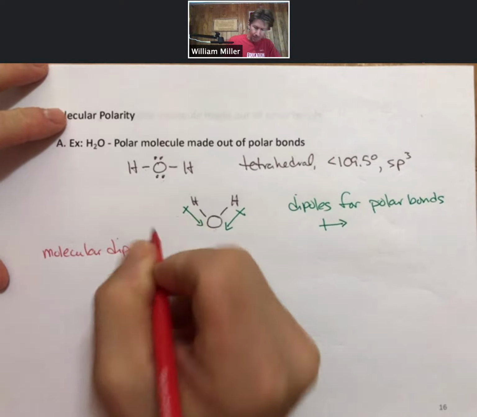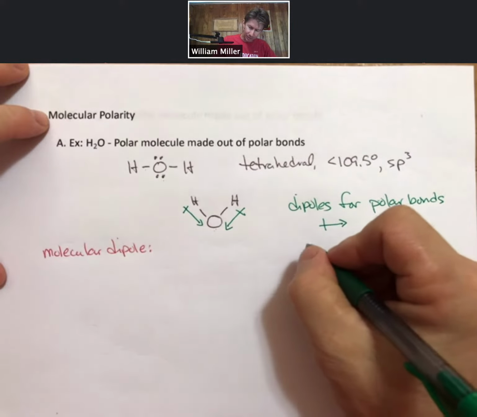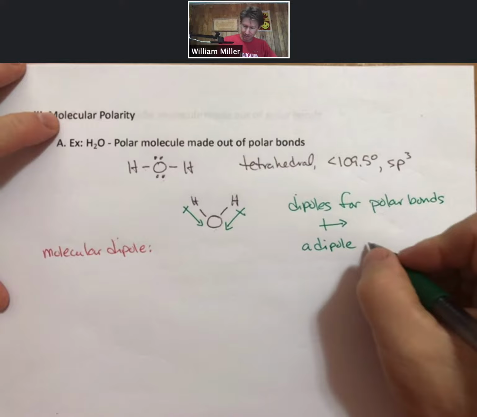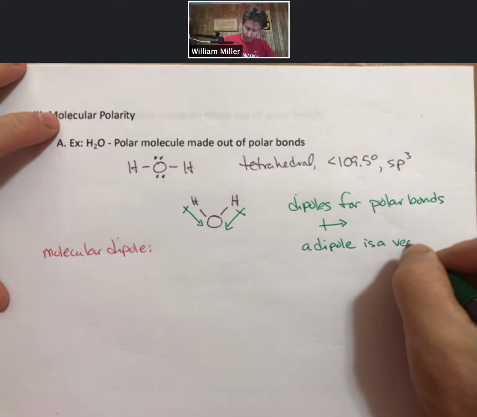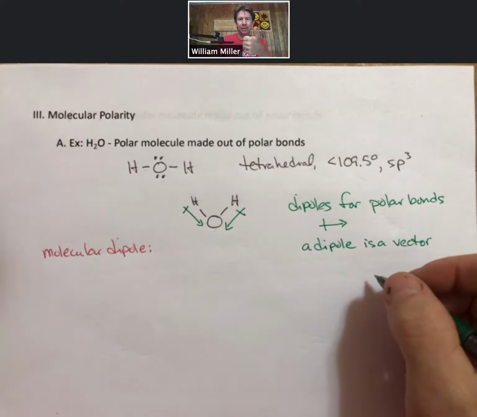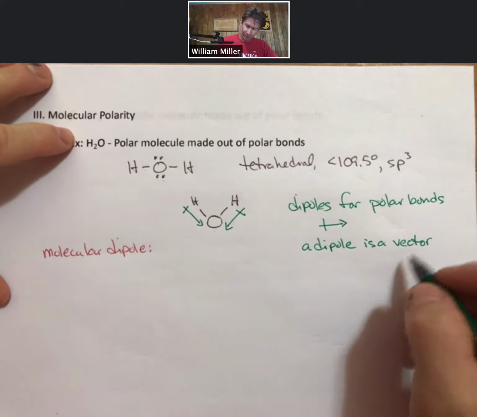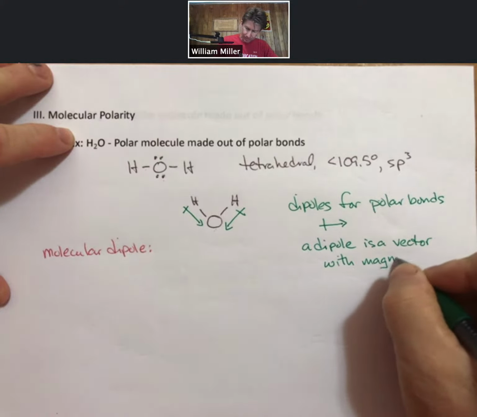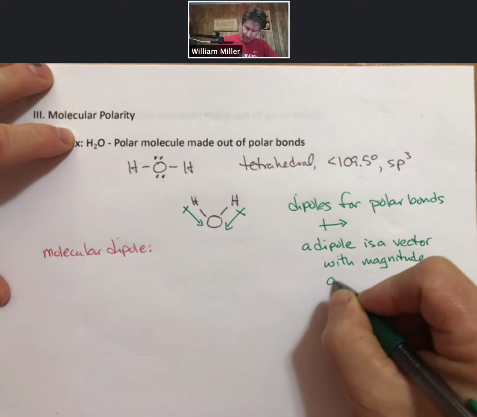To construct the molecular dipole, we first have to realize that a dipole is a vector, and a vector has both magnitude, or number, and direction. So a dipole is a vector with magnitude and direction.